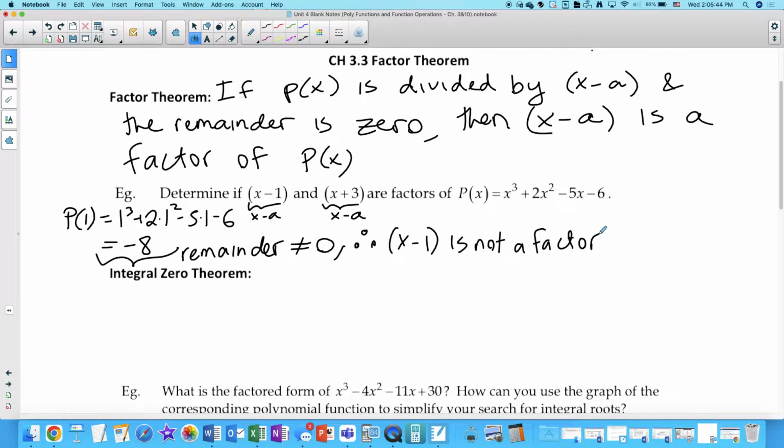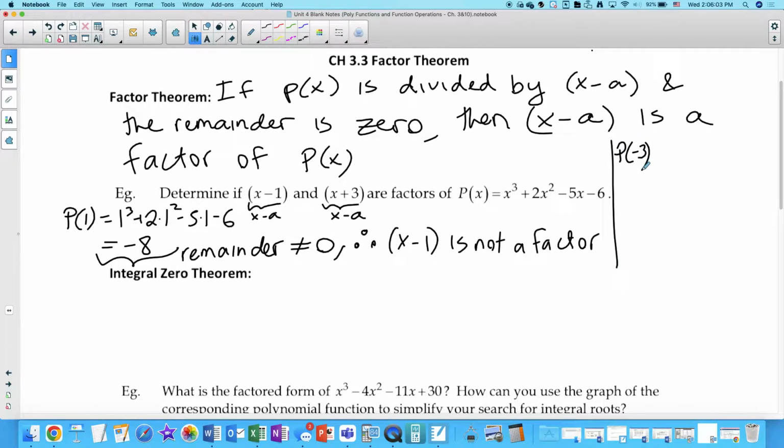Okay. Now we're going to do the same thing for this binomial, x plus 3. This time we have to sub in a negative 3. Because if x plus 3 is x minus a, that's x minus negative 3. So we're also going to look at p of negative 3.